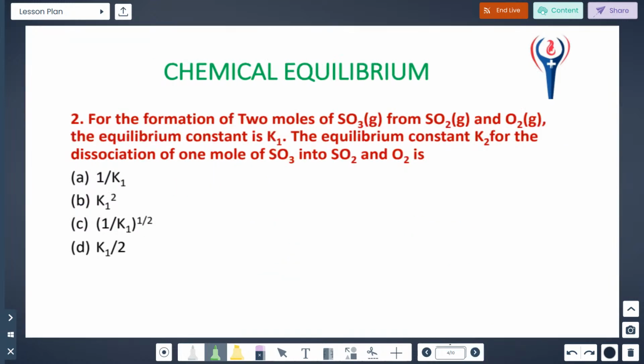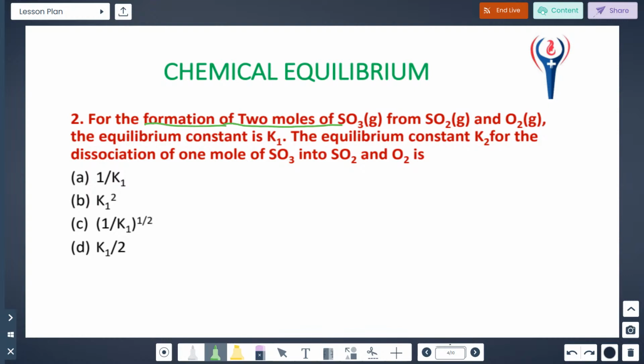See the second sum. For the formation of 2 moles of SO3 from SO2 and O2, the equilibrium constant is K1. How to write formation of 2 moles of SO3?